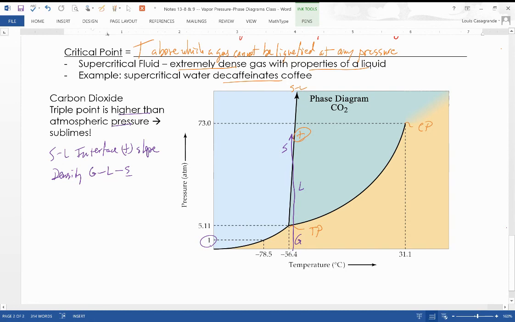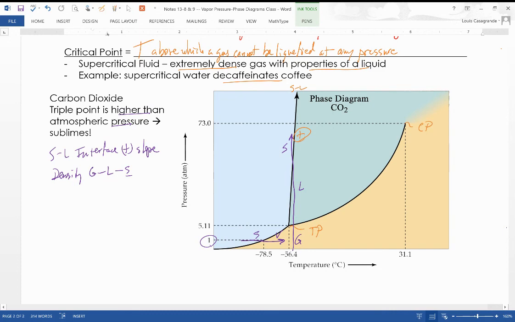So at normal atmospheric pressure, when we increase the temperature, when we put energy in, the interface that we cross over is not the solid-liquid interface. We're going from the solid to the vapor interface. And that's why carbon dioxide sublimes. It has to do with weaker intermolecular forces.